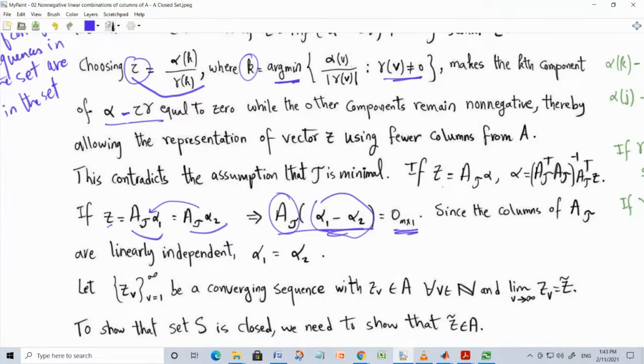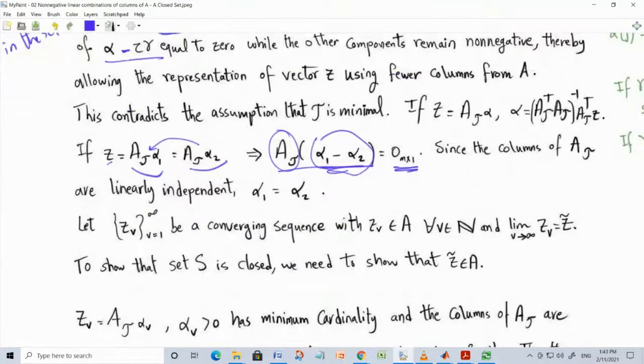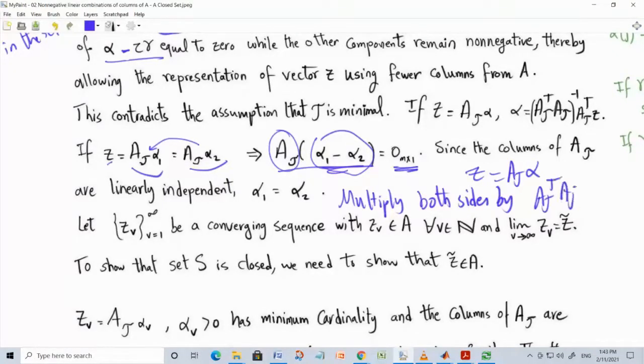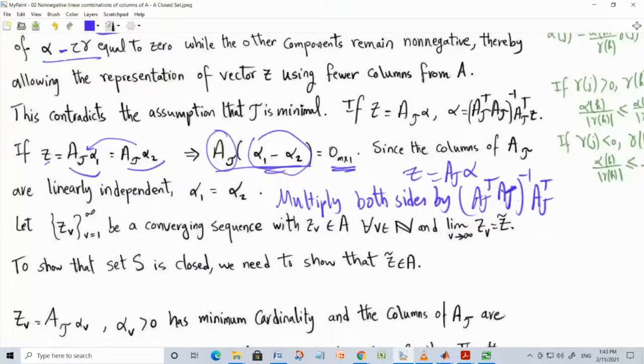Okay, and actually we can write down, now Z is equal to AJ alpha. Multiply both sides by AJ transpose AJ inverse AJ transpose. When you do this, this thing makes sense. Why? Because we are sure that the columns of AJ are linearly independent, so this matrix inverse exists.